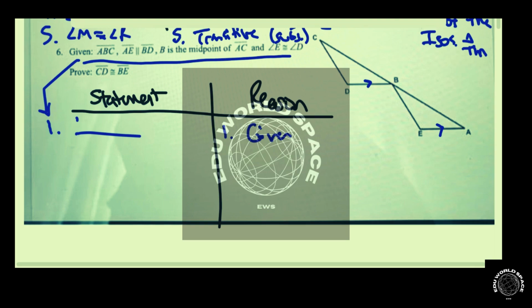if those are parallel, then we would have, for instance, angle CBD congruent to angle BAE. Those are corresponding angles.